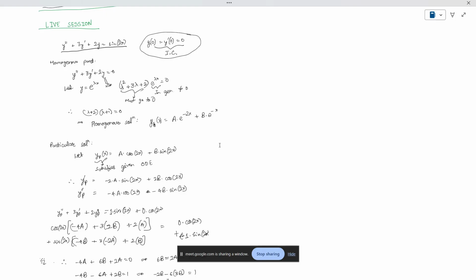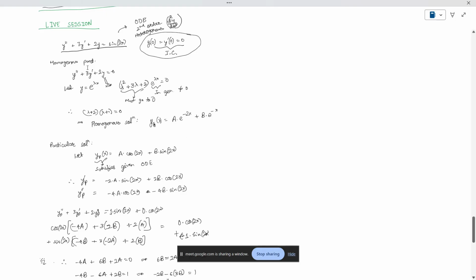If I want to classify it, it is an ordinary differential equation of second order because you have the term d square y by dx square, and the right hand side is not homogeneous. So I should write this as a heterogeneous second order ODE with initial conditions provided.